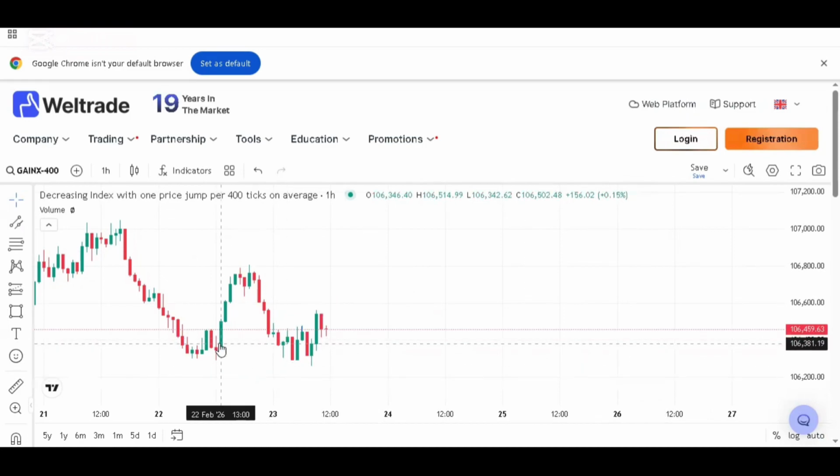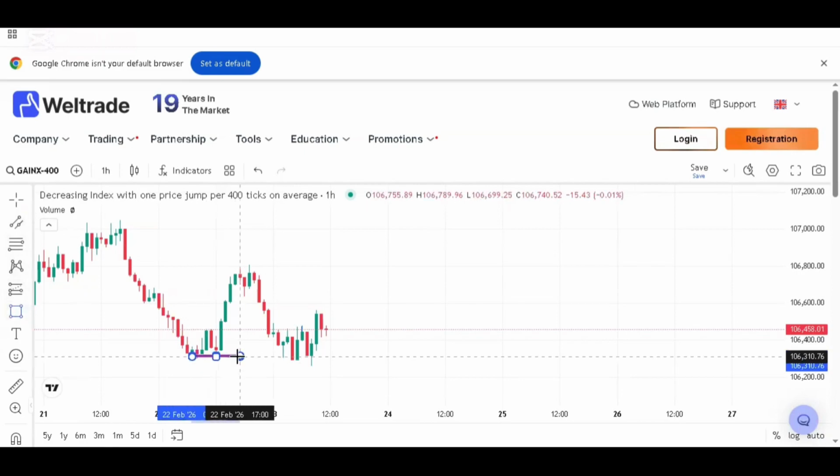We have to wait for these kinds of candlesticks, which give us more confidence that the market is moving in that direction. For instance, here there was a doji candlestick, then there was another candlestick showing us a bullish movement. The market went up, but it rejected and closed around this zone. So it means we now have to wait for the retracement. So here we will plot another zone.